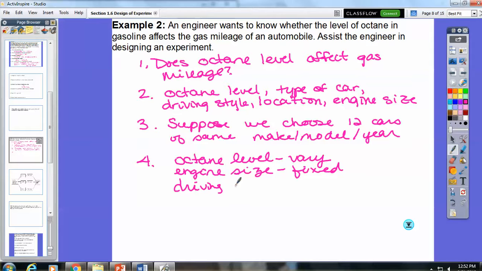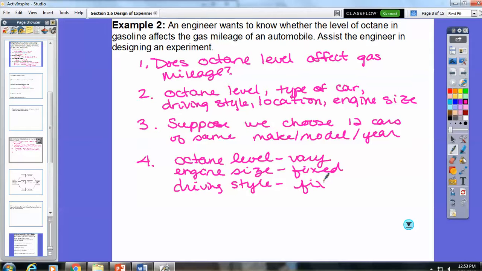Driving style. How would I control that? You could monitor it. Have one person do it all. What if we just pick one person and that person drives all 12 cars? Okay, but how I drive varies on the day.